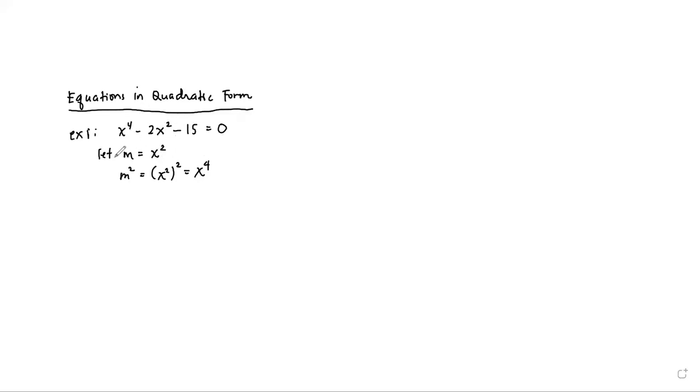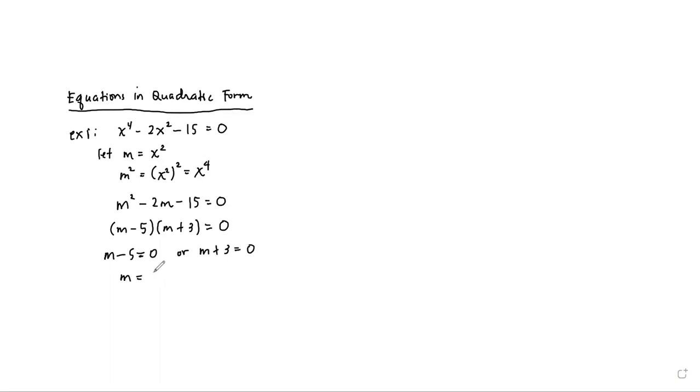So our equation here can now be written as m squared minus 2 times m minus 15 equals 0. So using factoring, we can factor the left-hand side as m minus 5 times the quantity of m plus 3. And then, using the zero product property, we can equate both factors to 0, and eventually we solve for the values of m.